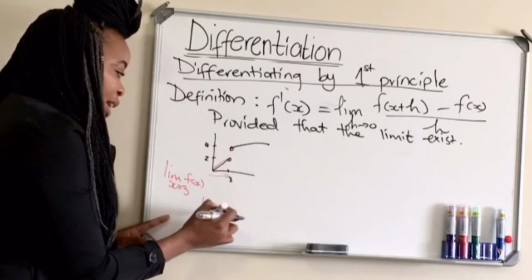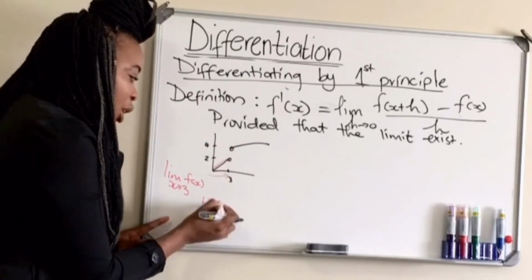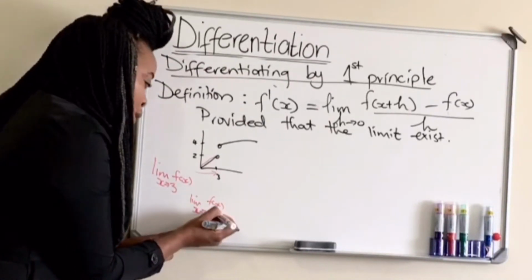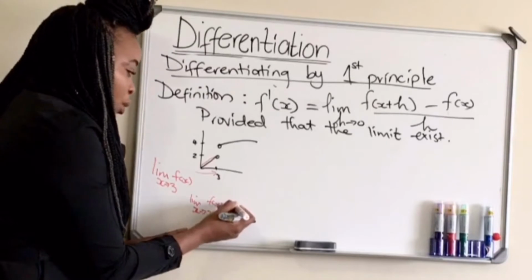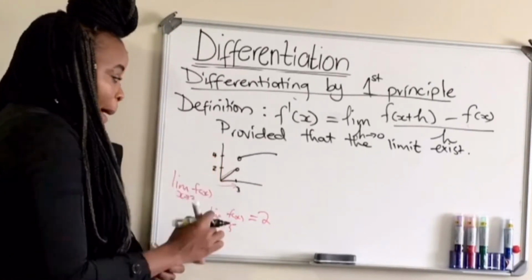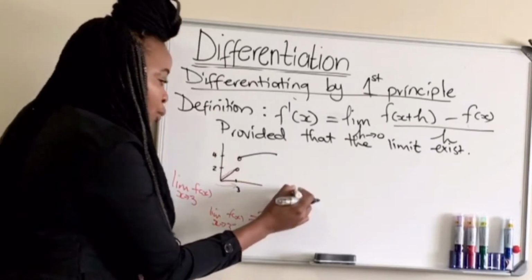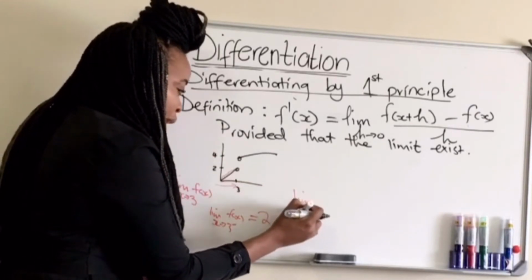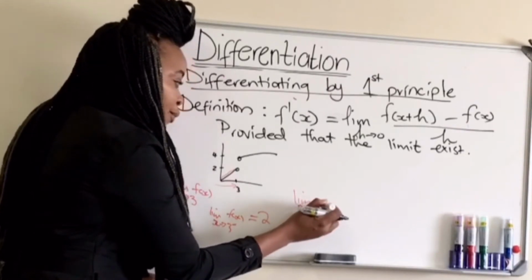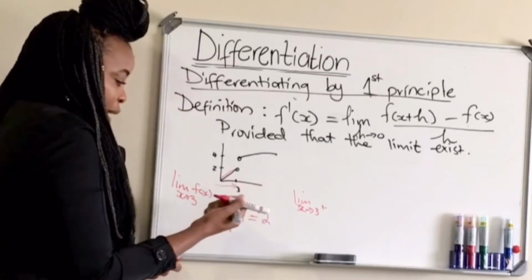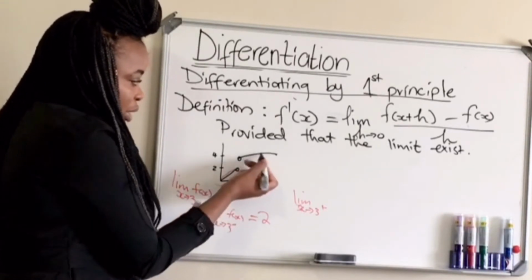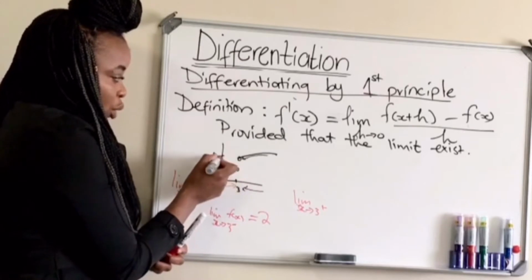So you will say the limit as x approaches 3 of f of x from the left, which is that, is equal to 2, because it's getting closer and closer to 2, right? But if you find the limit as x approaches 3 from the right, meaning from this side now, you will see that you are actually here on this graph and you are getting closer and closer to 4.